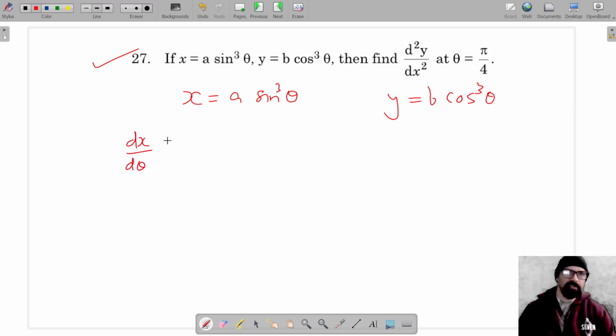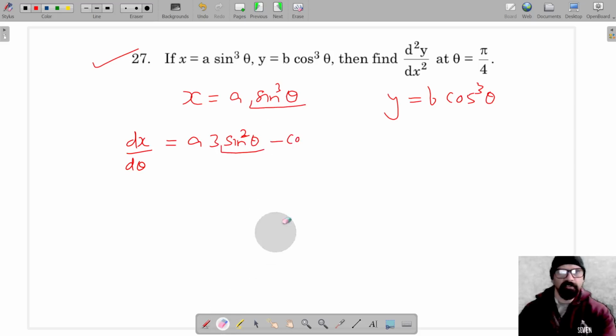So dx by d theta is equal to a, which is constant, times the differentiation of sine cube theta, which is 3 sine square theta. And because we are differentiating with respect to theta, differentiation of sine theta is cos theta. So this is a into 3 sine square theta into cos theta.